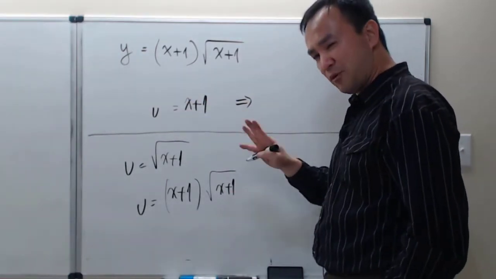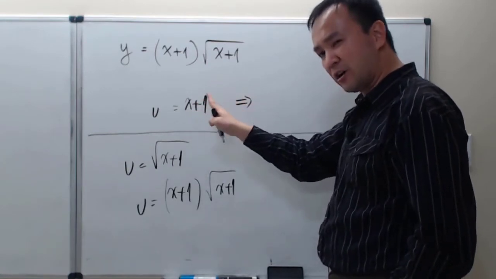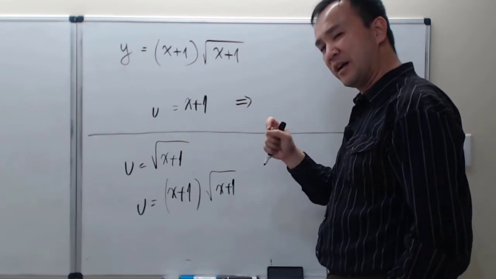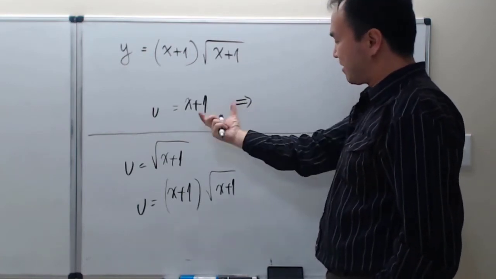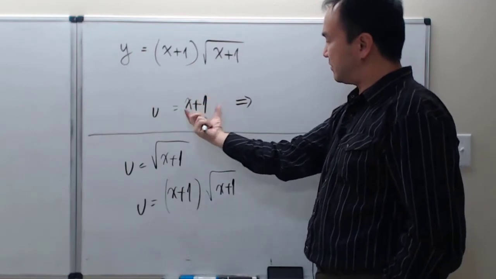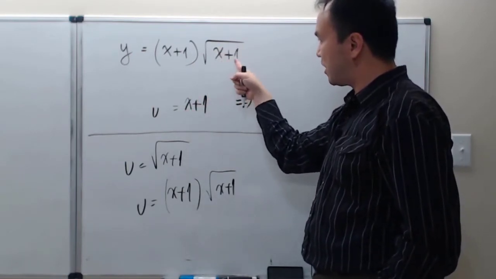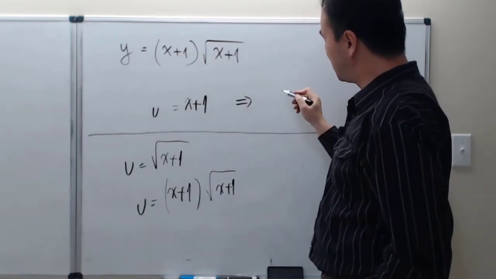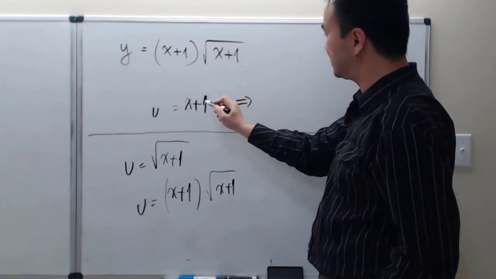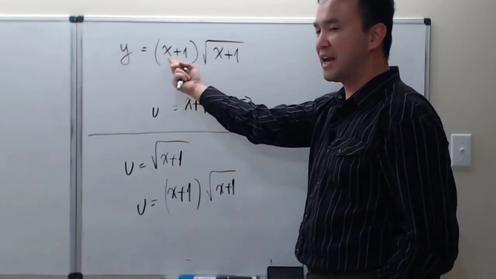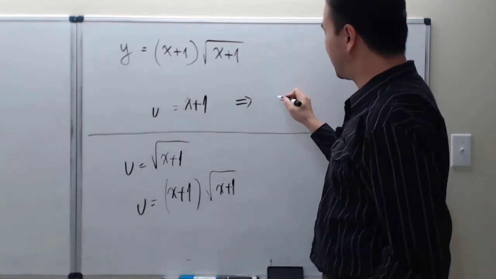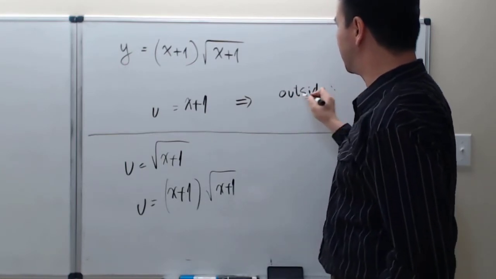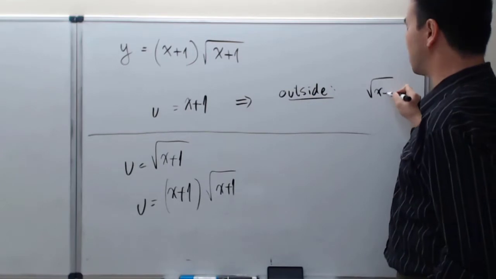I also need to point out a couple of mistakes that some of my students in the past quarter have made. The inside x plus 1 can be the part inside the square root, or the x plus 1 in parentheses. Some students see the x plus 1 as being inside of parentheses, so they conclude the outside is the square root of x plus 1.